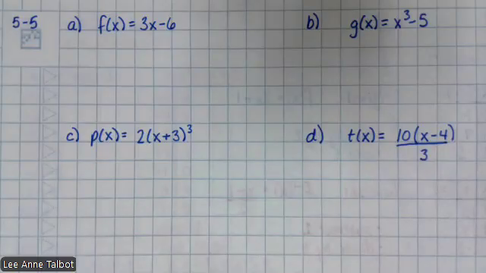So for example, for A, you're going to put a bullet point, multiply by 3, subtract 6. And then you're going to say add 6, divide by 3, and then write the inverse function. Does that make sense? Okay, work through all 4 of them. And as we go, I will reveal more of the answers so you can check them. And talk it out. Talk to people. Discussion's good.